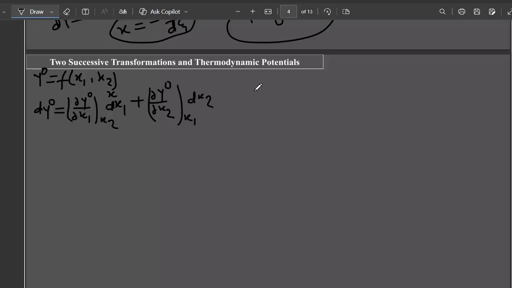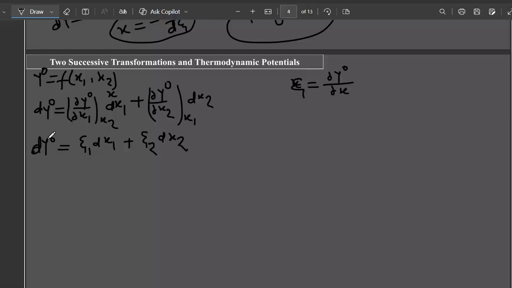And we already know that zeta is equal to del y0 by del x. So this term is zeta 1 dx1 plus zeta 2 dx2. So we can easily find zeta 1 and zeta 2 here.